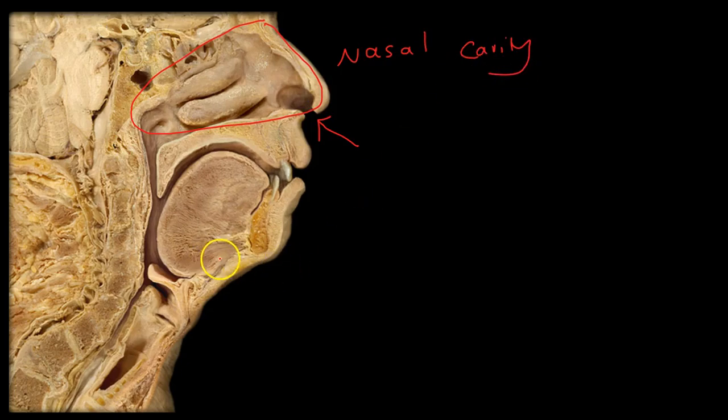Okay, please pay attention. Here we have the oral cavity. So this is oral cavity, okay? The floor of the oral cavity is tongue. So this is actually the tongue.